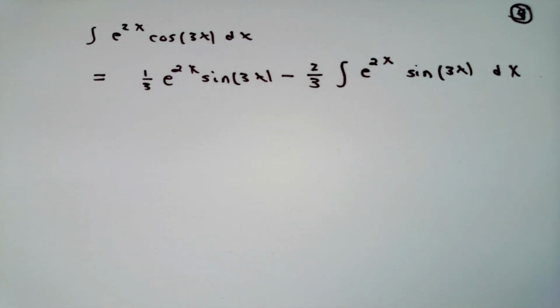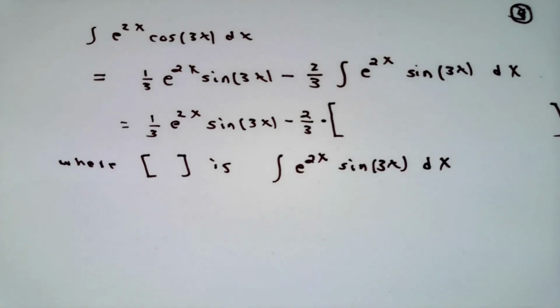A key point is, in this kind of integral, if I let the u be the exponential function on the first go-round, then I should do that again on the second go-round. So I'm going to let u equal e to the 2x. I'm going to let dv be sine of 3x dx. du again is 2e to the 2x dx.